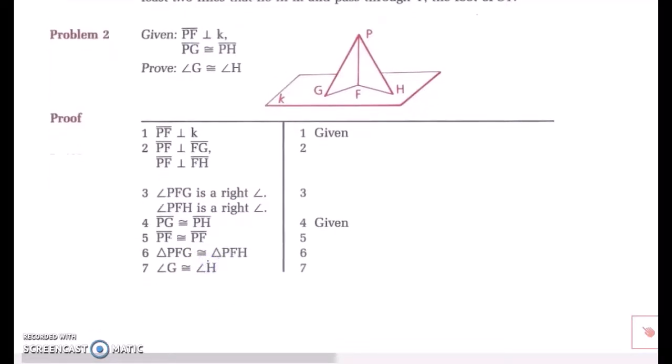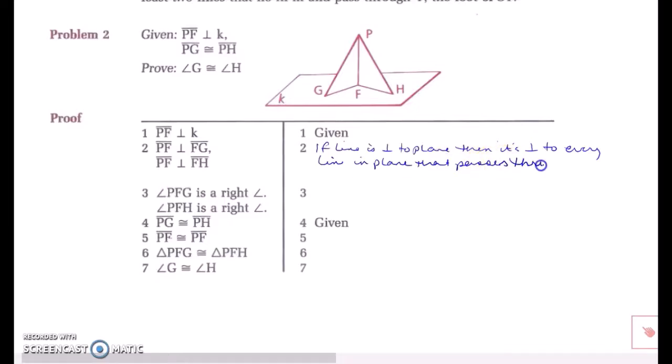So in problem 2, segment PF is perpendicular to plane K. If a line is perpendicular to a plane, then it is perpendicular to every line in the plane that passes through its foot.